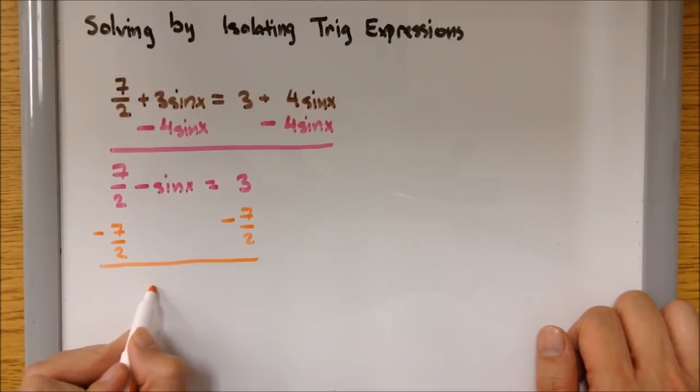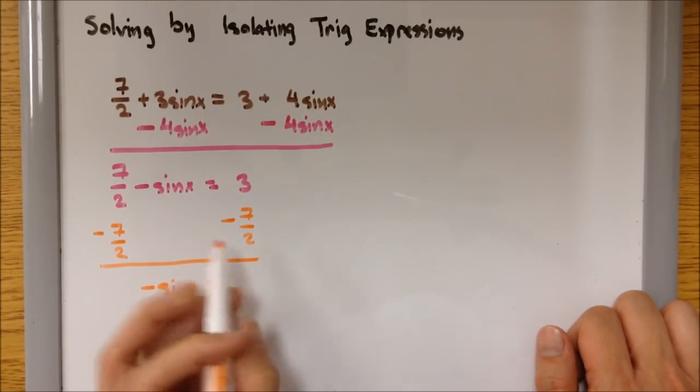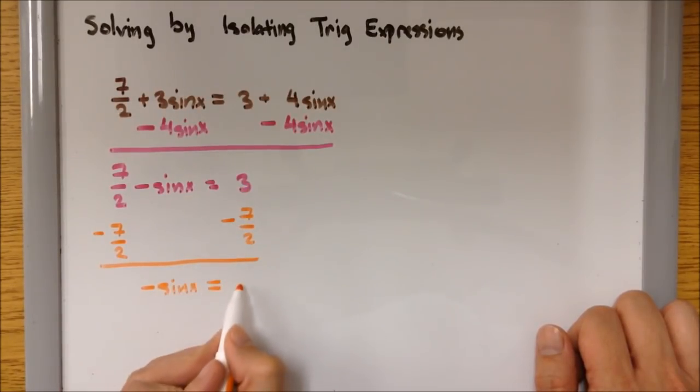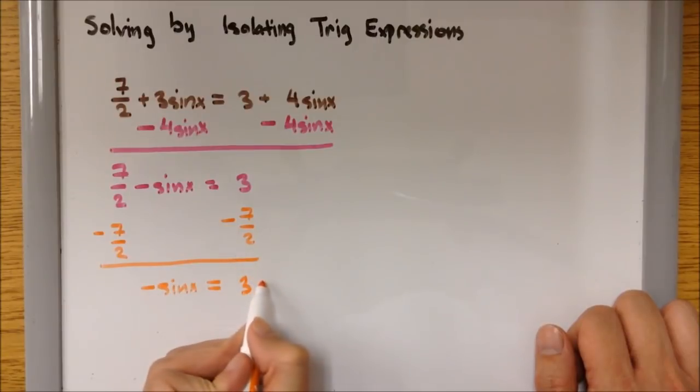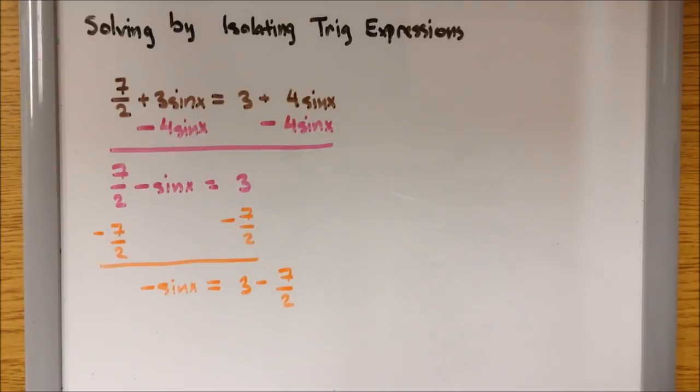So on the left, it will be negative sine x equal, since it's a whole number subtracted by a fraction, I'm going to write it side by side. So 3 minus 7/2. Alright, and just like how we did on all the tests, working with fractions, I'm going to convert this into a fraction with a common denominator.